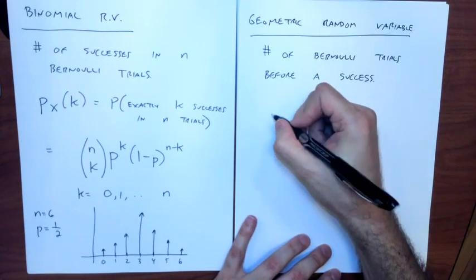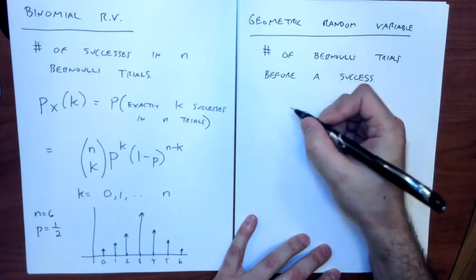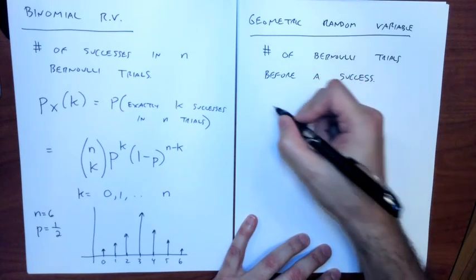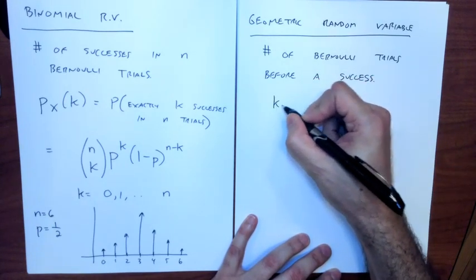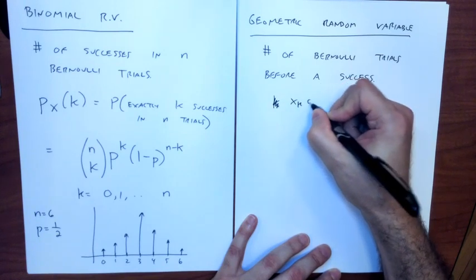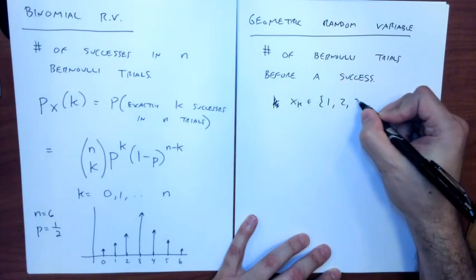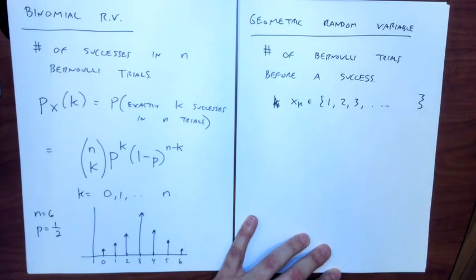My possibilities are going to be 1 trial, 2 trials, 3 trials, up to a potentially infinite number of trials.